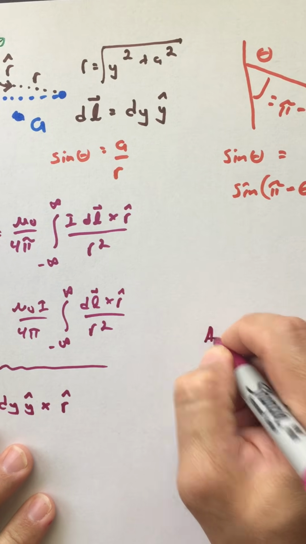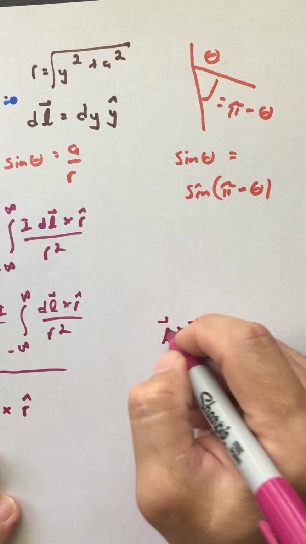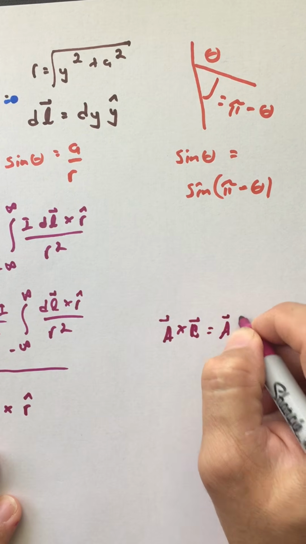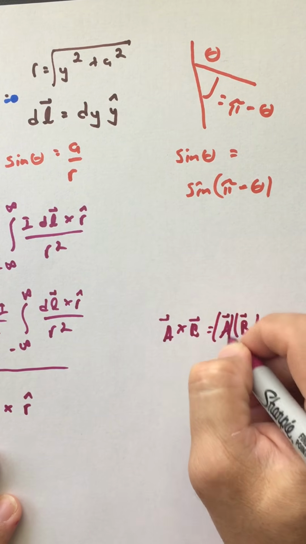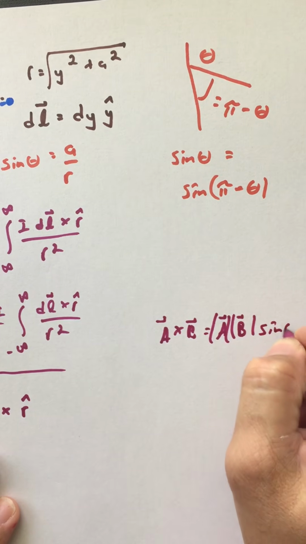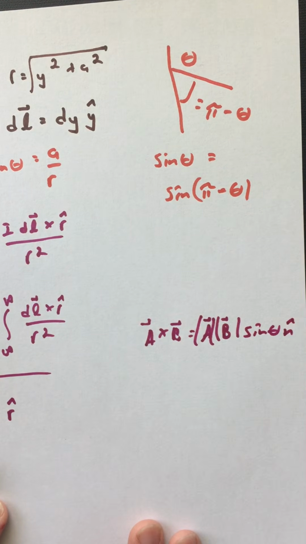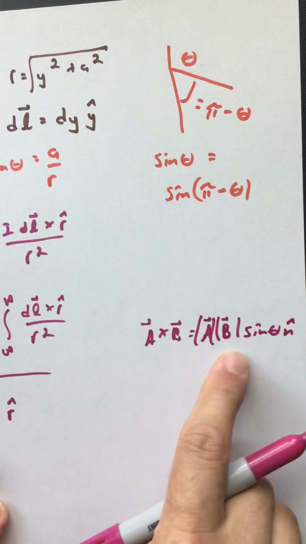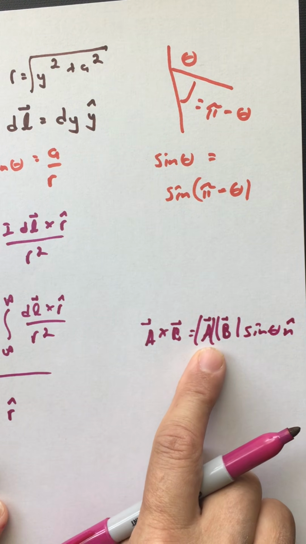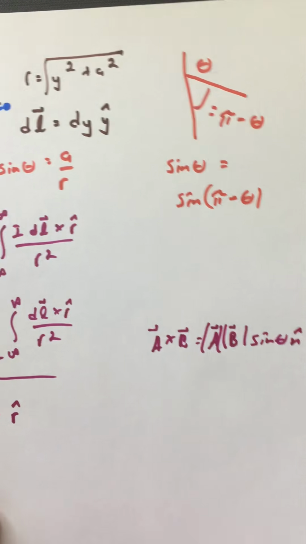By definition, A cross B is equal to the magnitude of A times the magnitude of B times the sine of the angle between them times the unit vector orthogonal to both of these, determined usually by the right-hand rule. All right, this is just the definition of the cross product. Let me remind you of that.